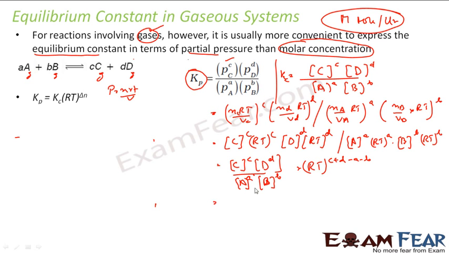And what is this value? This thing is nothing but my Kc, and the exponent of RT, c plus d minus a minus b, is nothing but delta n, that is the change in moles of gas. Thus you can see that Kp is nothing but Kc (RT) to the power delta n.